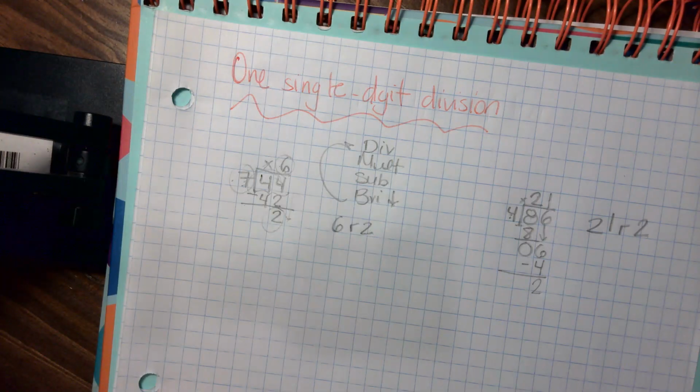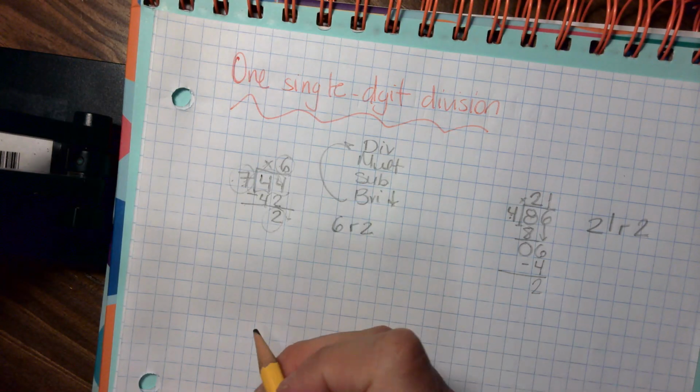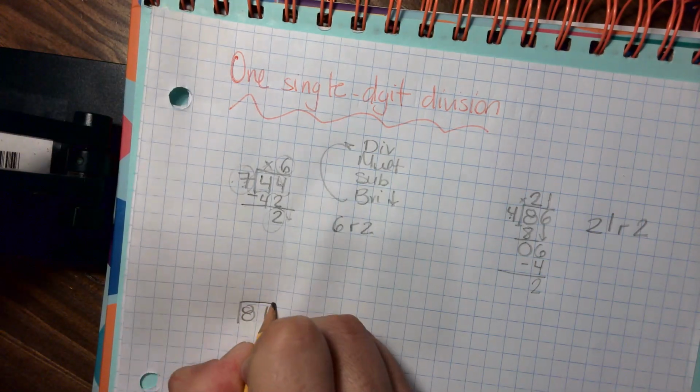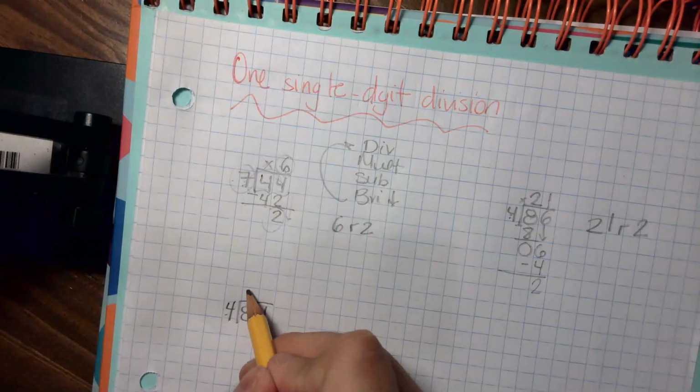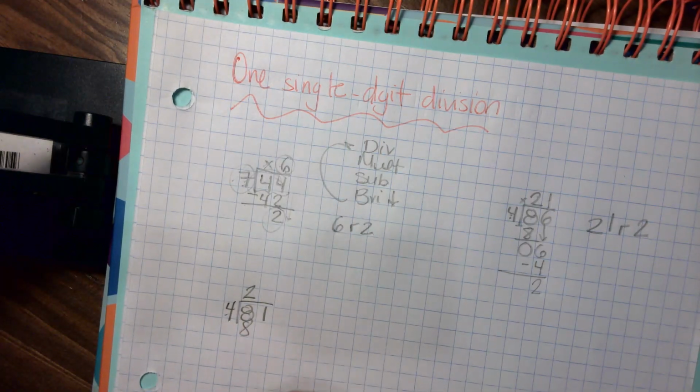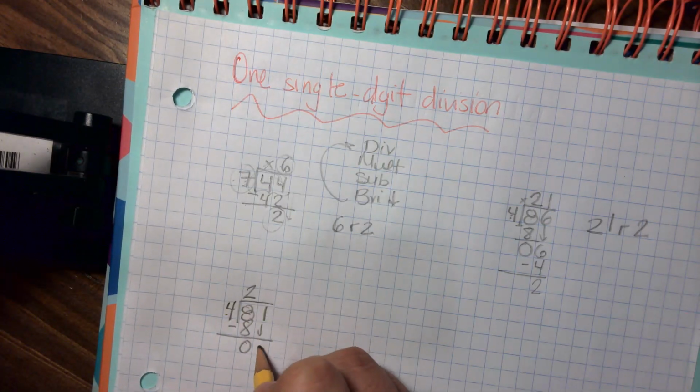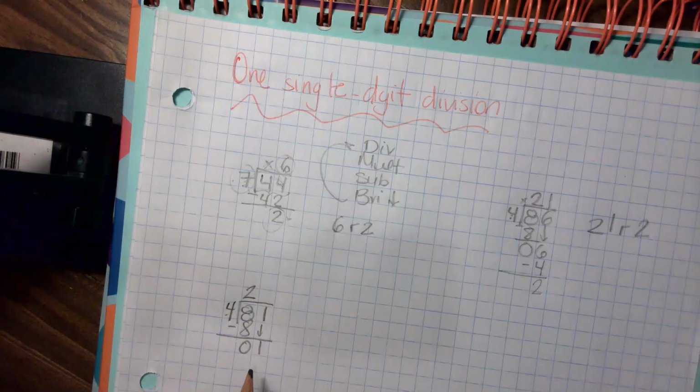Let's do another one. Let's do 81 divided by 4, so that we can see a different case. 4 times 2, 8, right? 8 minus 8, 0, and I bring down the 1. Some of you sometimes say, oh, it's 0, so I'm done.